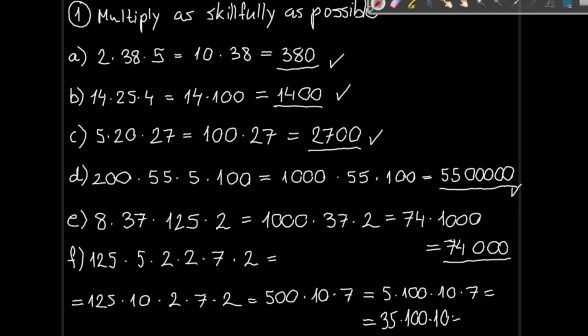And then at the end we just need to add a total of 3 zeros to number 35, since we multiply by 100 and then 10, that's 3 extra zeros. And that is the final answer of this exercise.